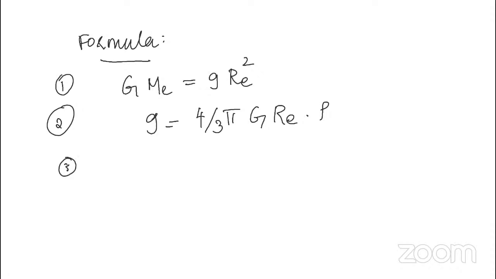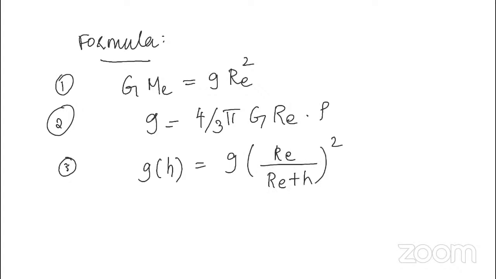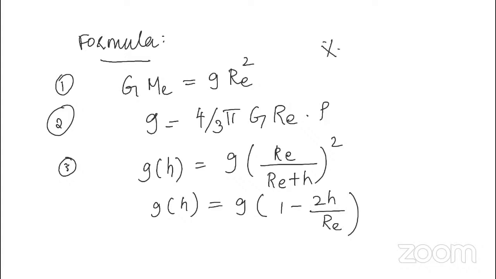For above the surface, g(h) is equal to g into R_E divided by (R_E plus h), the whole squared. So this is one formula, and another formula is g into (1 minus 2h by R_E). So these are all very, very important formulas. Many of the sums we can deal with these problems by using these formulas.